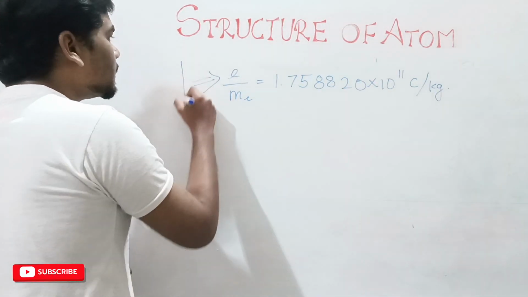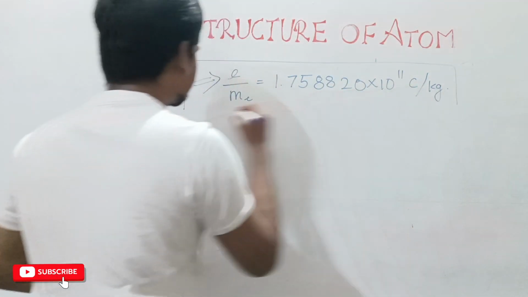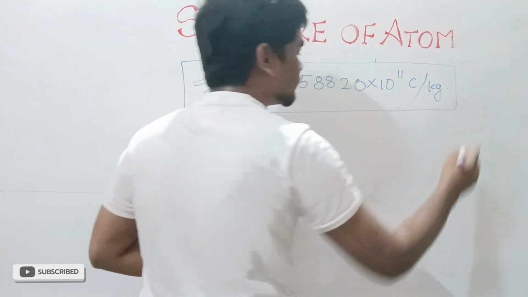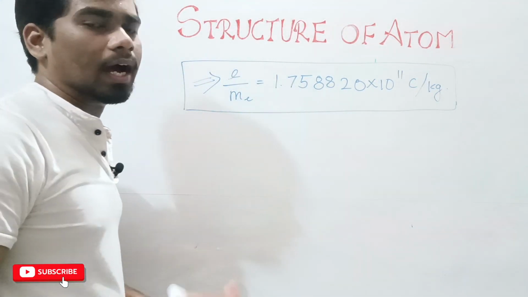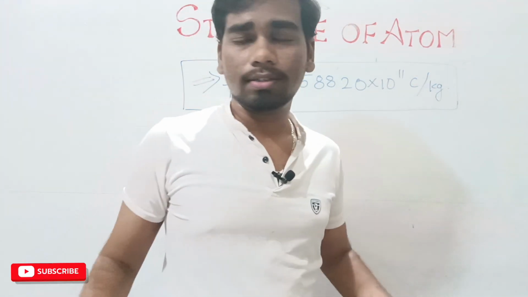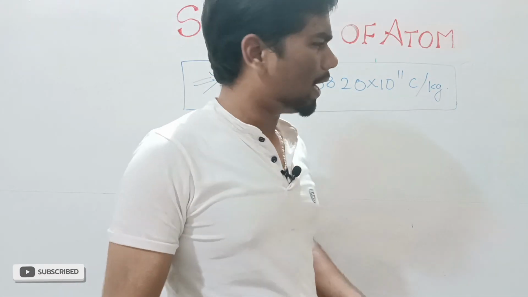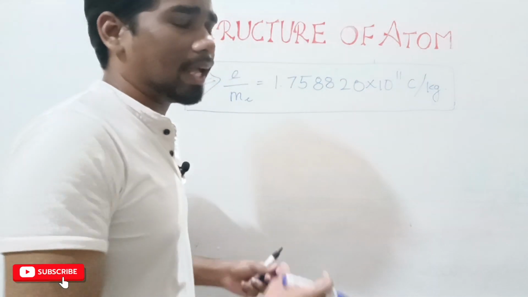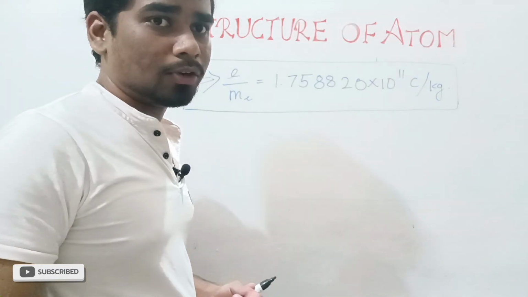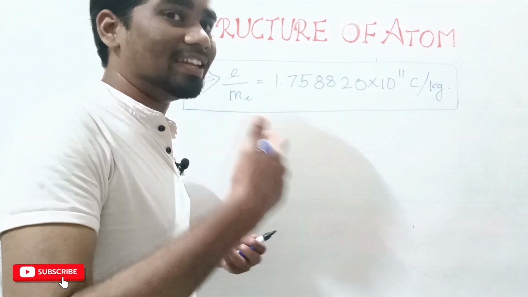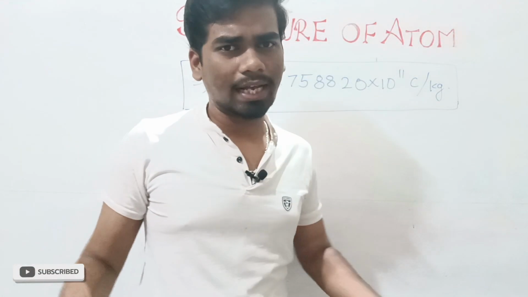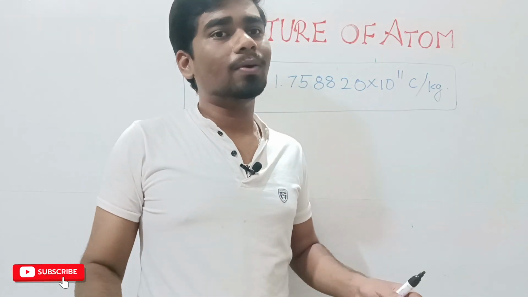So the most important thing here is, in the last lecture, the last part, I told you that the electron is the basic constituent of all types of rays. Why? Because whenever the cathode ray tube experiment is done with different gases or different types of electrodes, the value won't change.